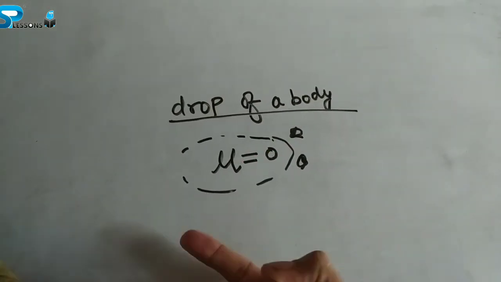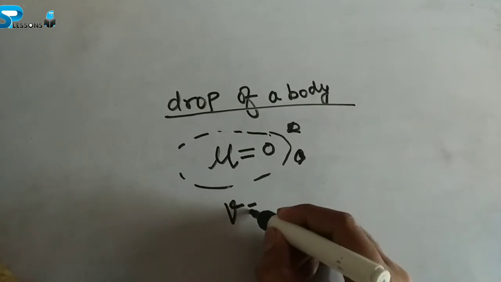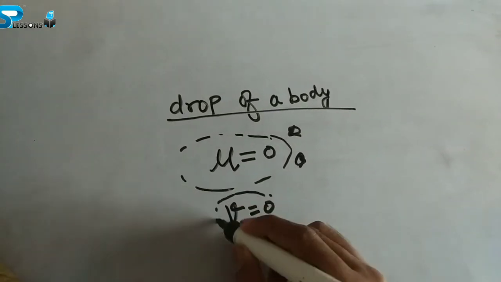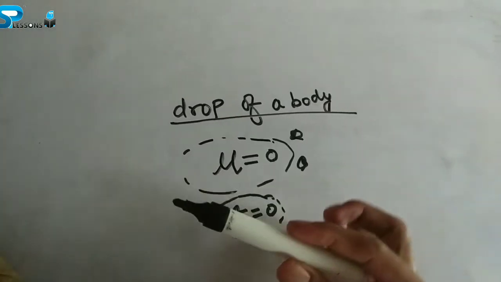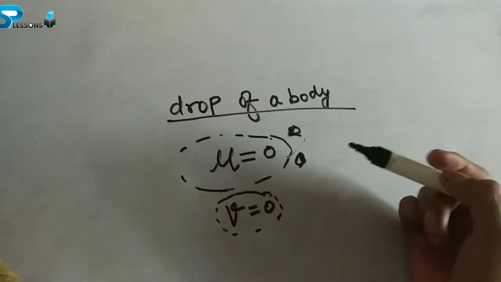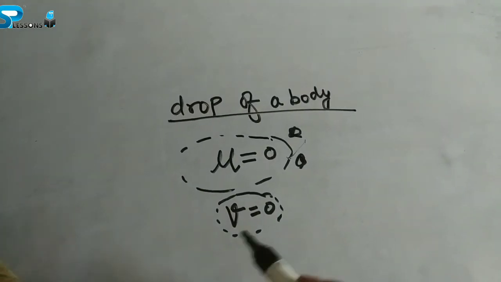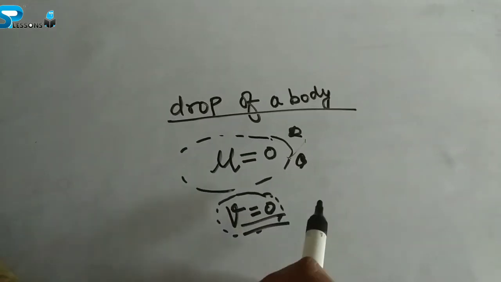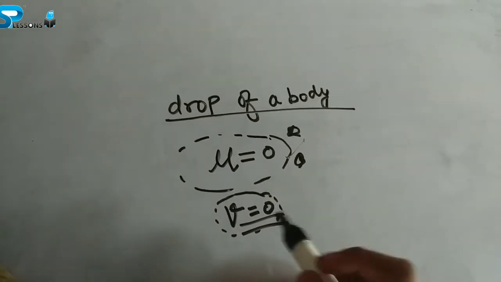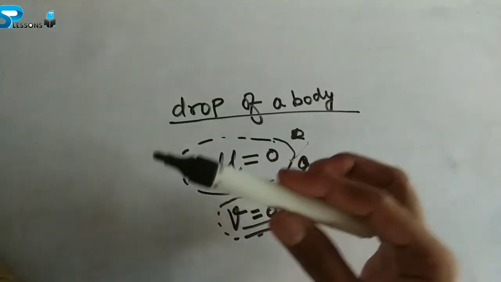When the body stops after some time, then the final velocity is 0. These are some basic terms and knowledge. When we drop a body, the initial velocity is 0, and after some time it comes to rest, so the final velocity is 0. This is called the drop of a body and rest of a body under gravity.